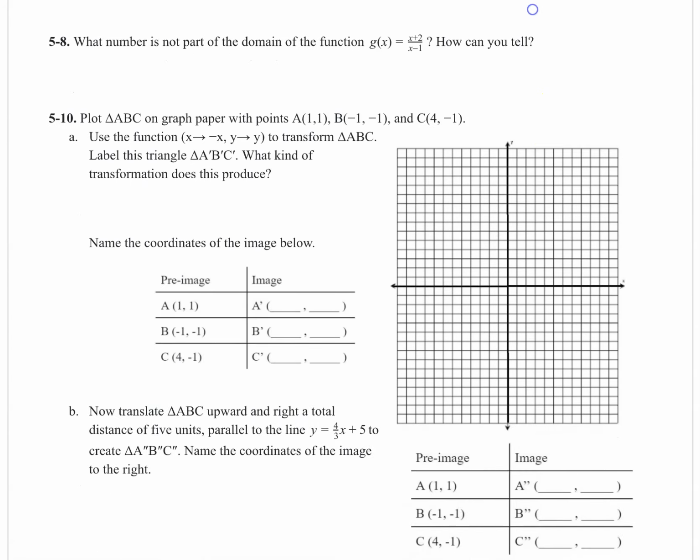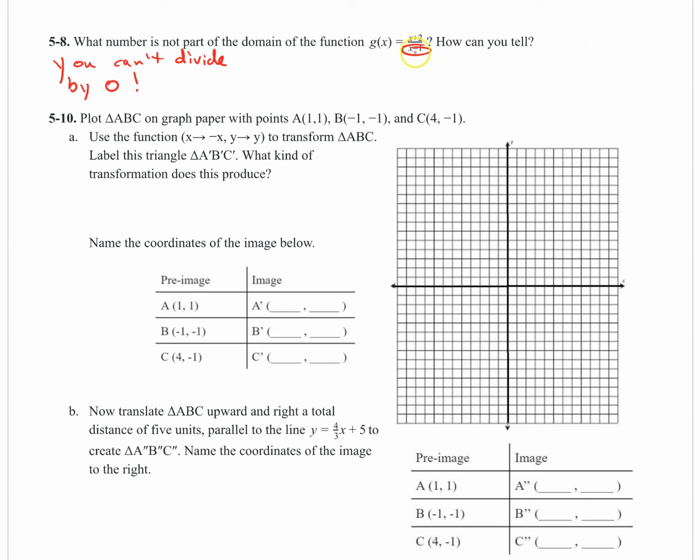5-8. What number is not part of the domain of the function g of x equals x plus 2 divided by x minus 1? So recall that you can't divide by 0. So on the bottom, that can't be 0.